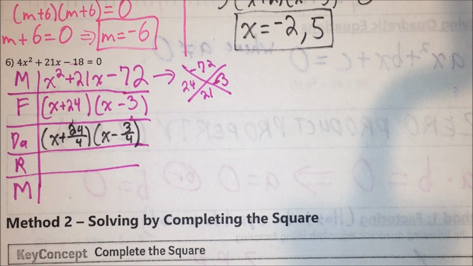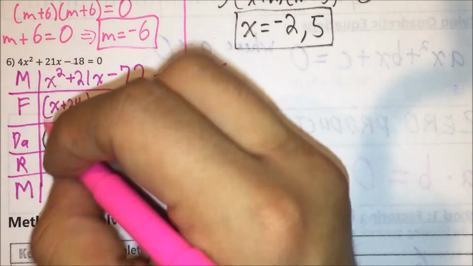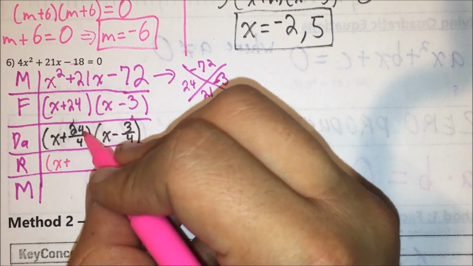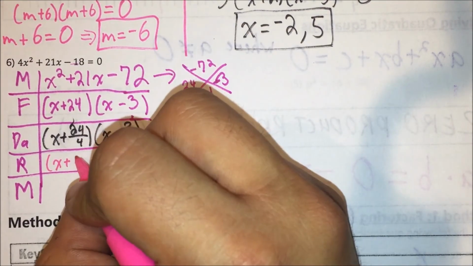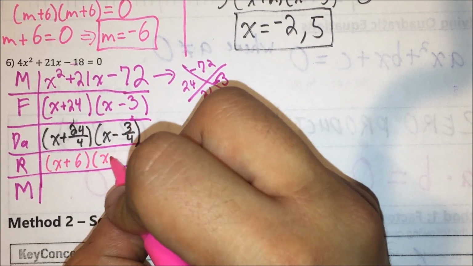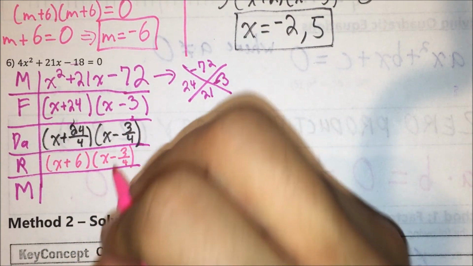Okay, so the r tells us to reduce. So we're going to want to reduce whatever fractions we have here. So here, 24 divided by 4 is actually just 6. And I can't reduce 3 over 4, so we'll just leave that as is.